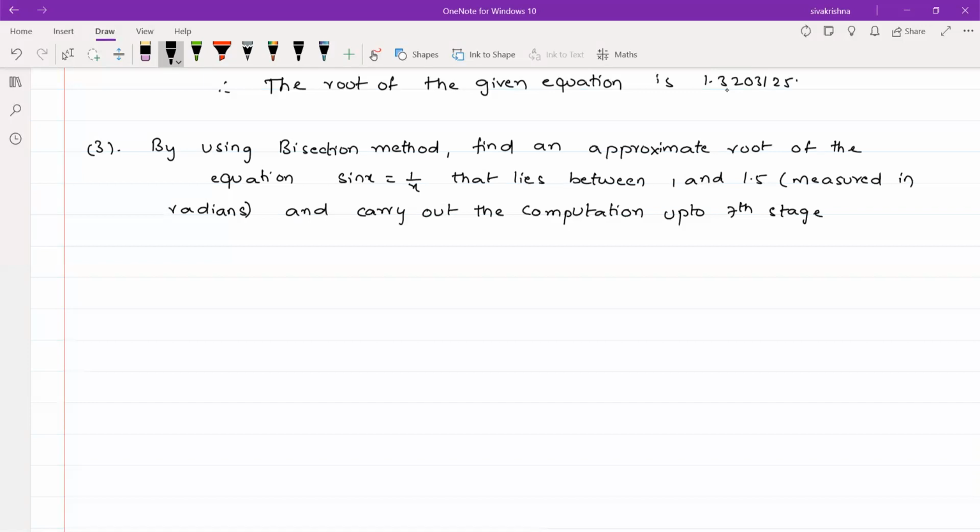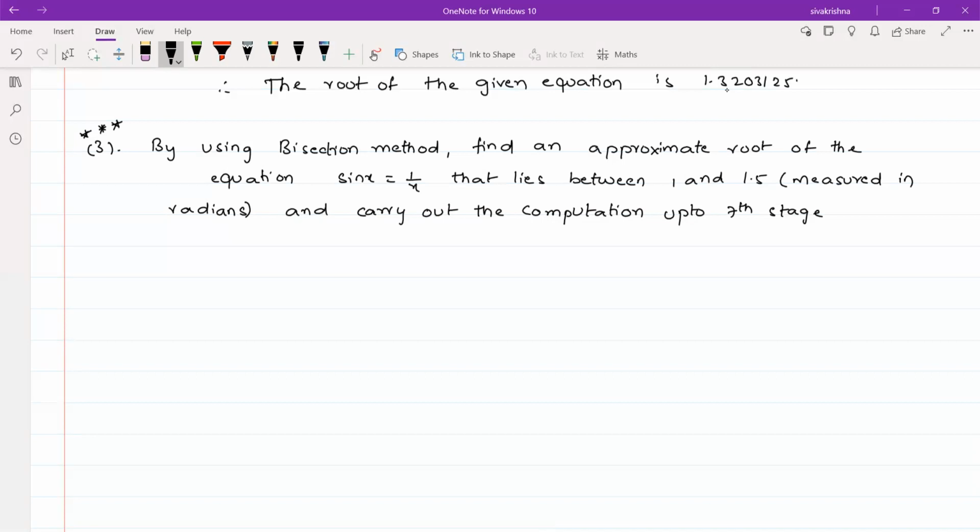Okay, this is a very important problem. So the name of the unit is solution of algebraic and non-algebraic equations. The previous two problems are algebraic equations, and we have found the solution for those. Now in the third problem we have a non-algebraic equation, which is an equation that involves trigonometric, logarithmic or exponential functions.